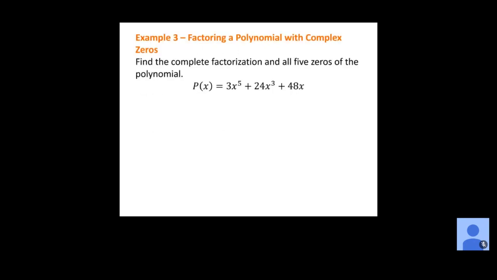All right, so let's take a look at this one now. We want to find the complete factorization and all 5 zeros of this polynomial. And the reason we know there's 5 is because the degree of that polynomial is 5 this time. All right, so what's the first thing we could do here to find the zeros and factor?